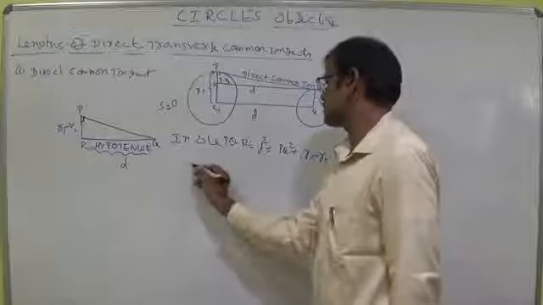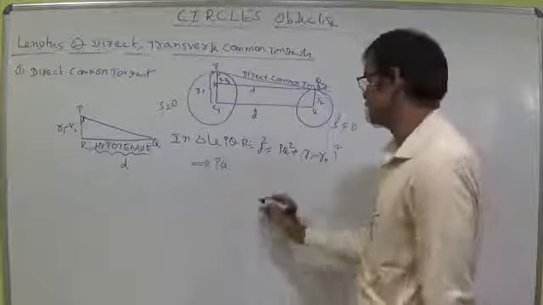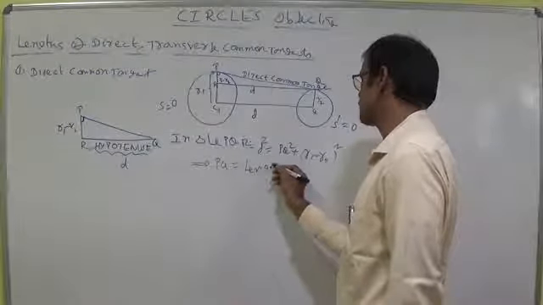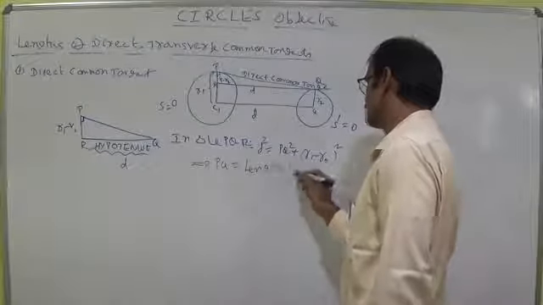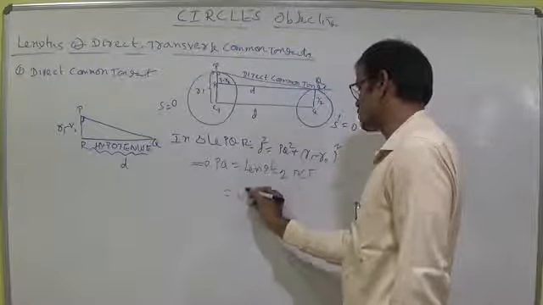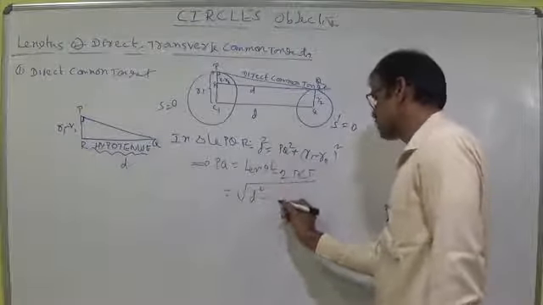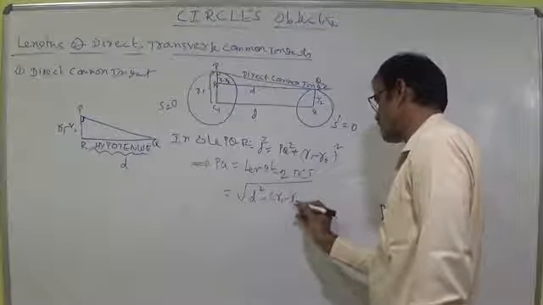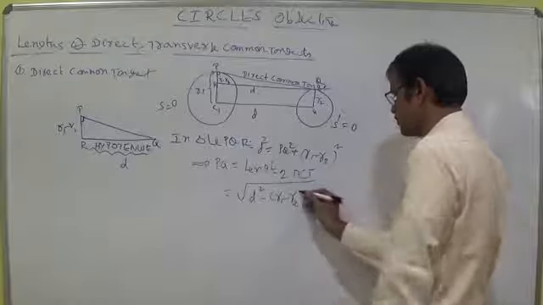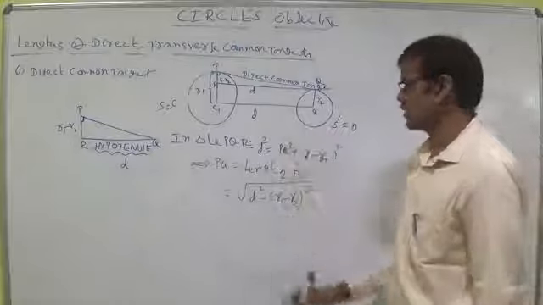That implies PQ is nothing but the length of the direct common tangent. PQ is equal to the length of DCT. Taking R1 minus R2 to the left side, the length of DCT is the square root of D square minus R1 minus R2 whole square.